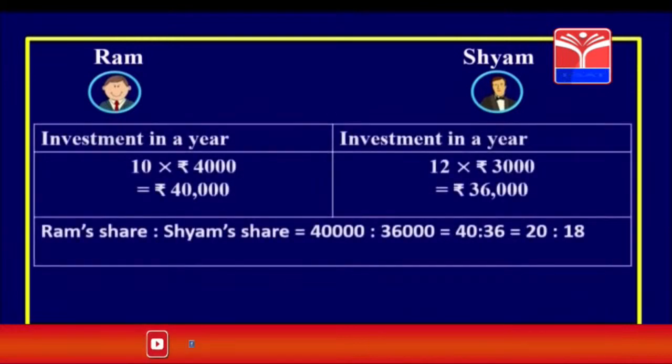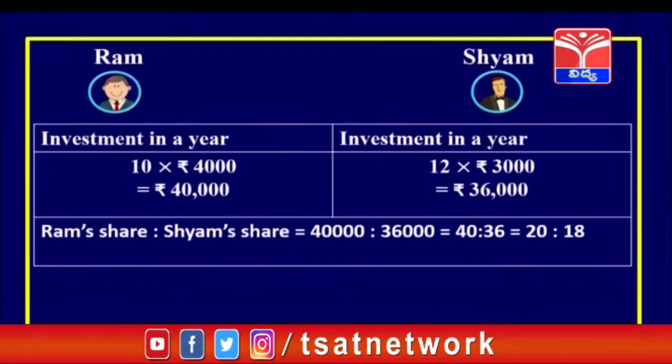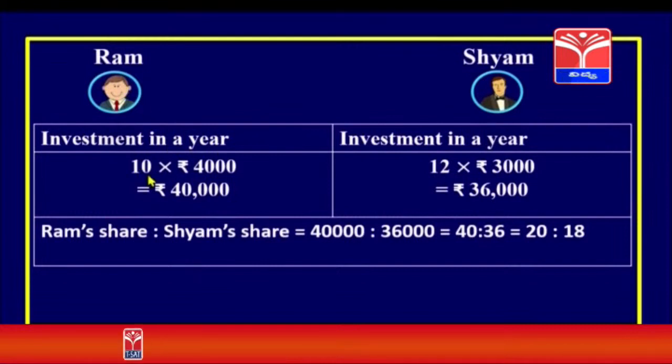So let us see how much is the investment they have made in the complete year. If you notice, the investment in the year from Ram's side is 10 months, each month 4,000. So in total he has invested 40,000 rupees in that year. Okay, children. Whereas if you consider Shyam's, he has invested for 12 months but only 3,000 per month.